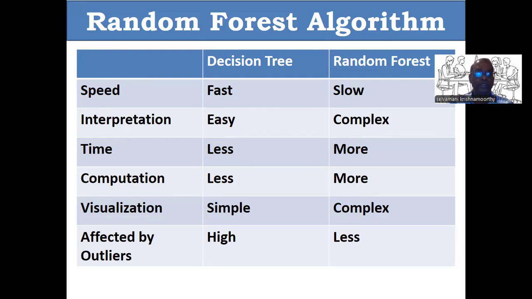Visualization is very simple for a decision tree, whereas for random forest it is somewhat complex. Decision trees are highly affected by outliers, whereas random forest is less affected by outliers. These are the differences between random forest and decision tree.